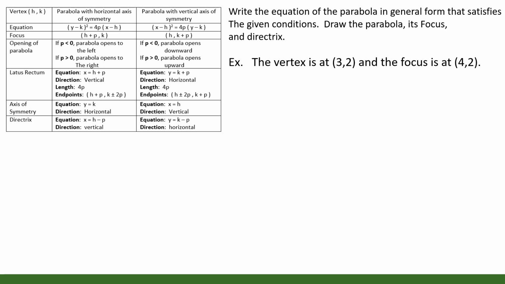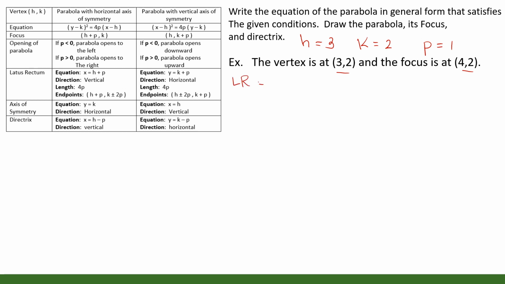Okay? For the other parts, let us continue solving. We said h is 3, k is 2, and p is 1. We already have the vertex and focus. What else will we get? The ends of the latus rectum.